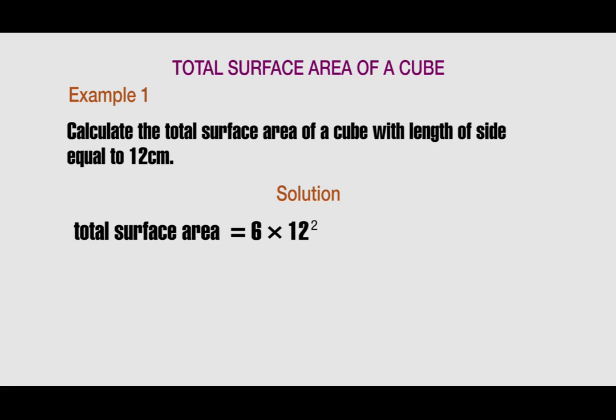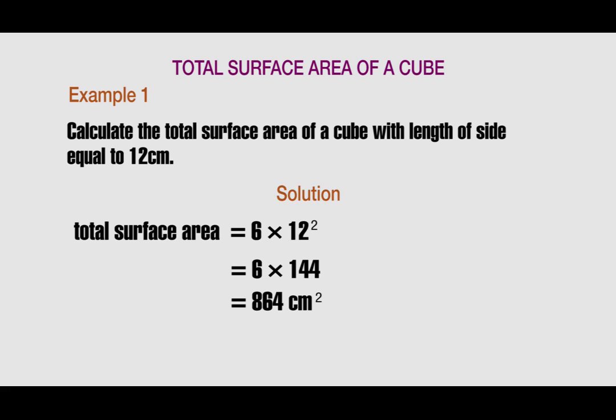So if we do our substitution, we have the total surface area equal to 6 times 12 squared. When we simplify that, we have 6 multiplied by 144. That is 864 centimeters squared.